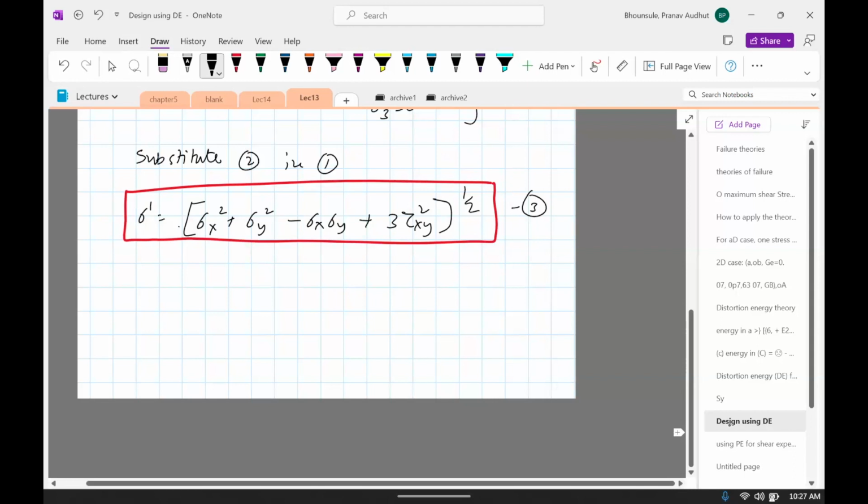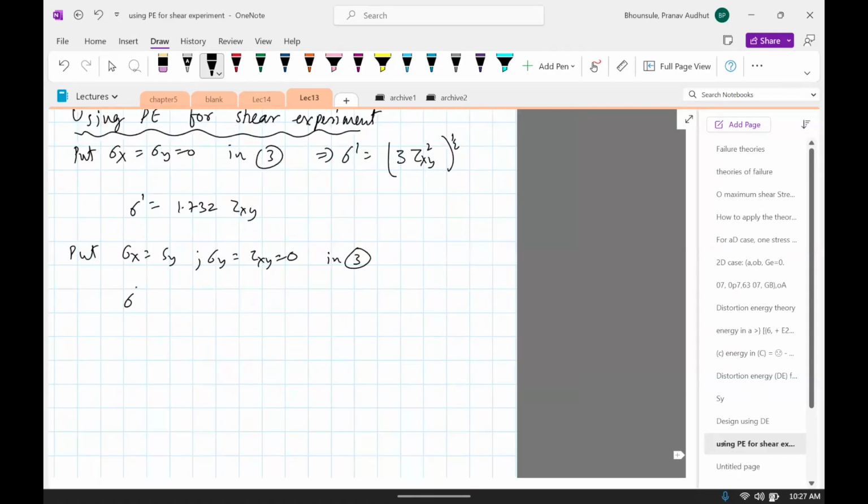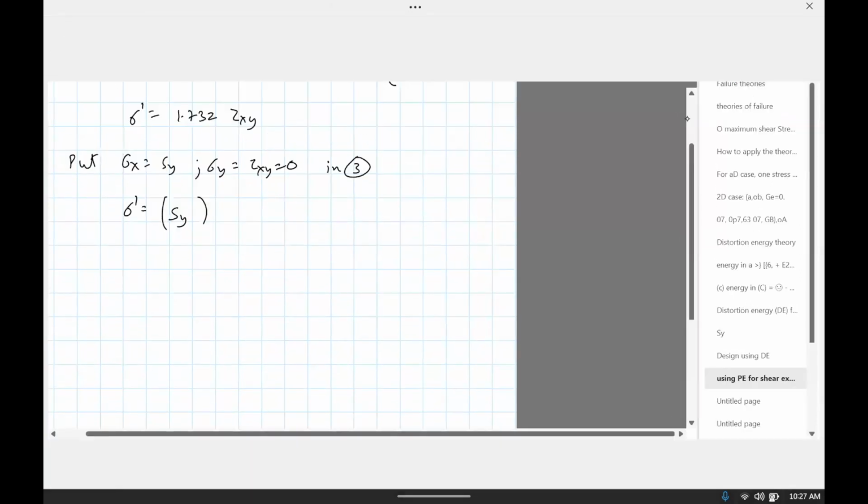So if I put sigma y 0, I get sigma prime equals SY. Yeah, that's right. So that's what you get.